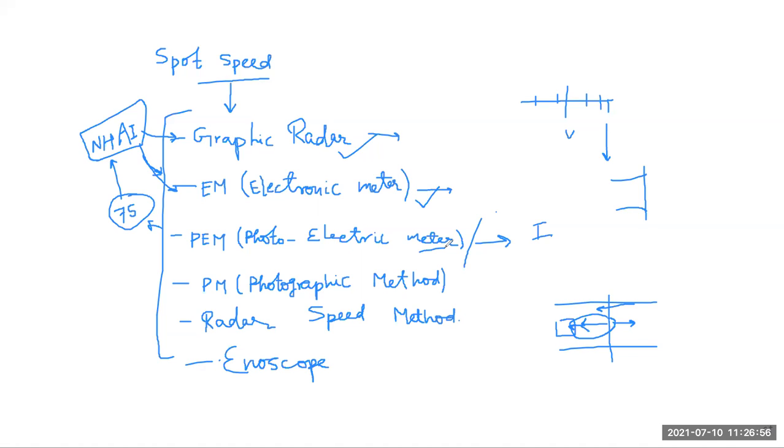So that electronic or magnetic impulse will give a frequency or wavelength to our machine. That machine will calibrate that frequency or wavelength into our speed. So basically we know how we calibrate anything, because in engineering we calibrate something into something. So it is the role of the engineer which he deals with in his own field.